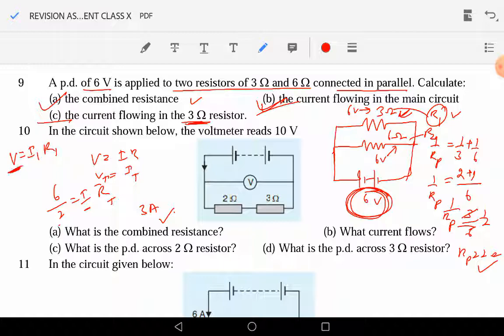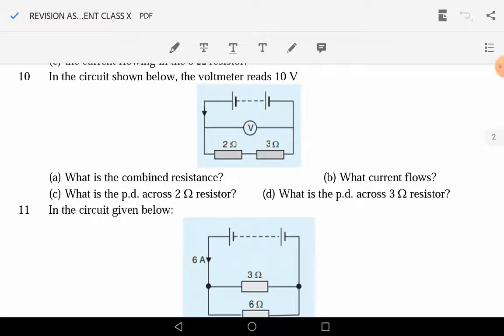V remains V because it is parallel and the potential will be the same. So I1 will be equal to V upon R1, which is 6 by 3, and the current through R1 comes out to be 2 ampere. The most important thing here is that in a parallel combination the potential remains the same everywhere, and in a series combination it is the current that remains the same everywhere.